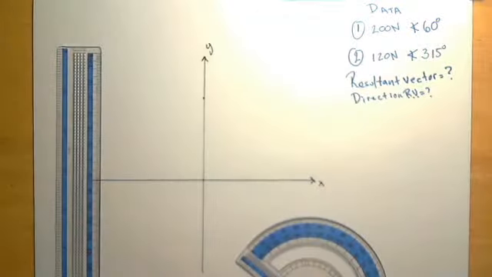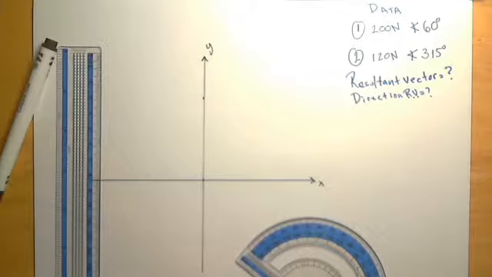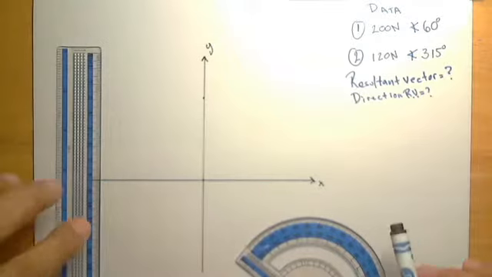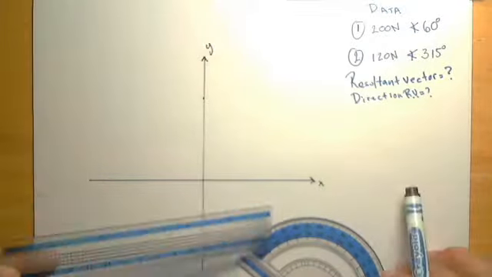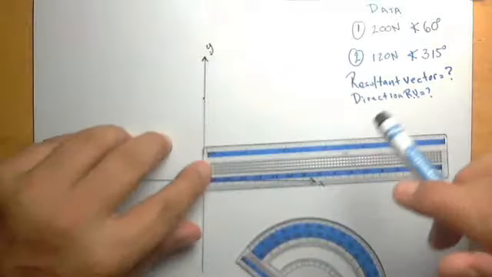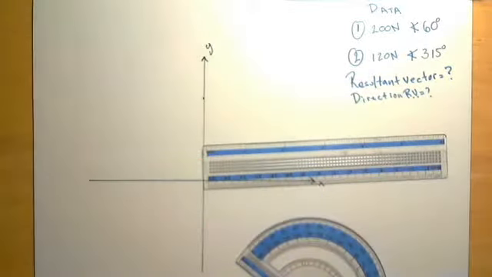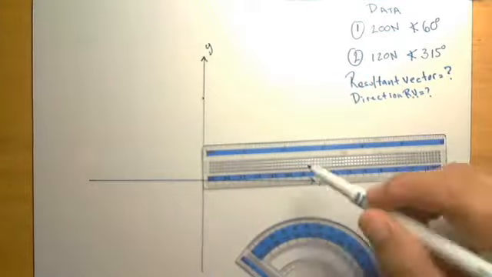Now I have that. I'm going to draw the first vector. I'm going to use blue for the first vector. So here we go. The first vector is 200. We can do newtons. We can use inches. In this case, you see the inches on this ruler is 1, 2. So it is better to use inches because they're bigger.